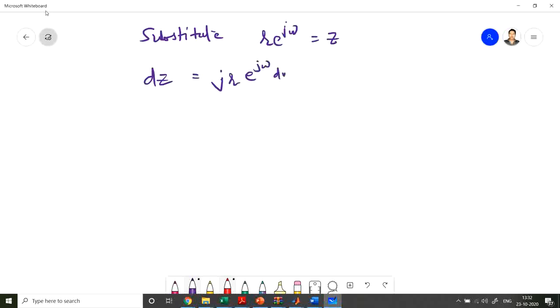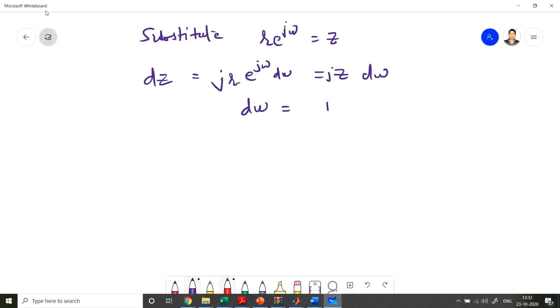Now let us substitute r e raised to the power j omega equals z in equation 3. If we differentiate, we get dz equals j r e raised to the power j omega d omega, which equals jz d omega.